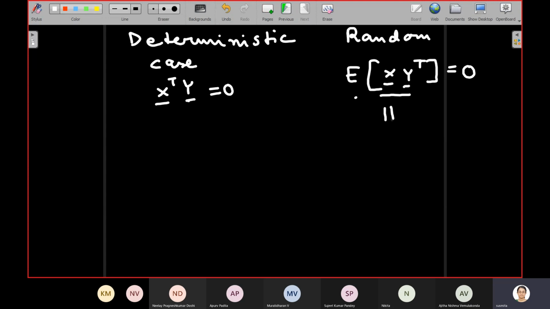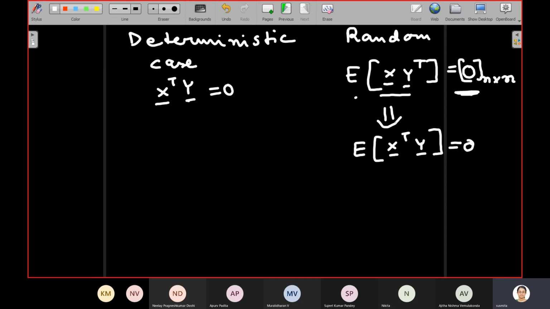Now, you need to show that this also implies that, in this case, it is an n by n matrix. And when this is true, you need to show, with a very simple proof, that this also holds. And this we can compare with this one.